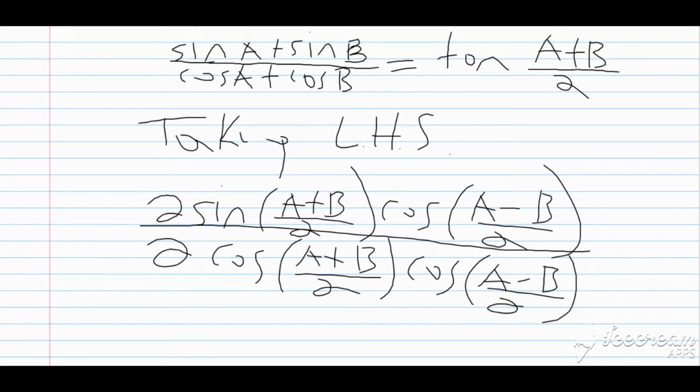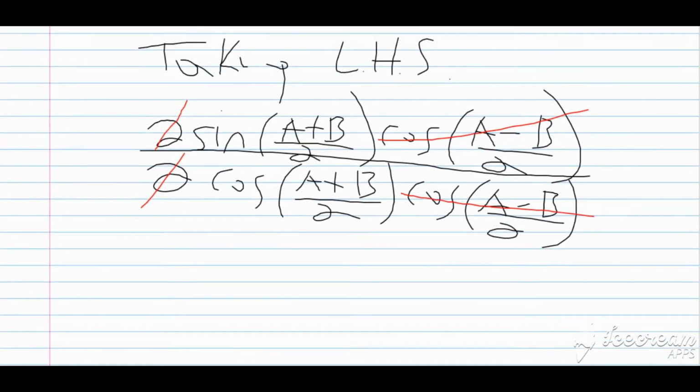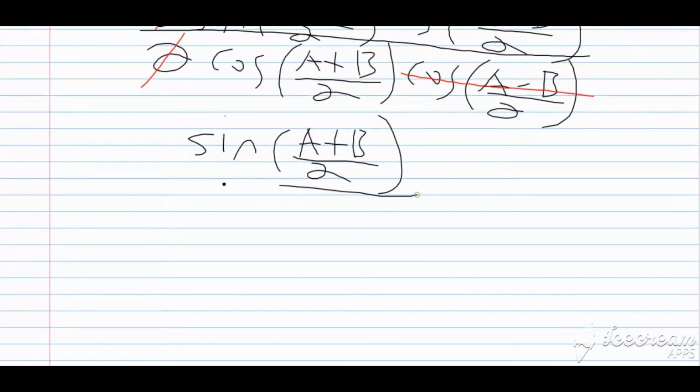Now we have factorized the expression, which means that we can reduce. So 2 takes out the 2. We have the cosine of (a minus b) upon 2, so that takes that out of my denominator. Now when I break this down, I'm going to end up with the sine of (a plus b) upon 2, and all this goes over the cosine of (a plus b) upon 2.